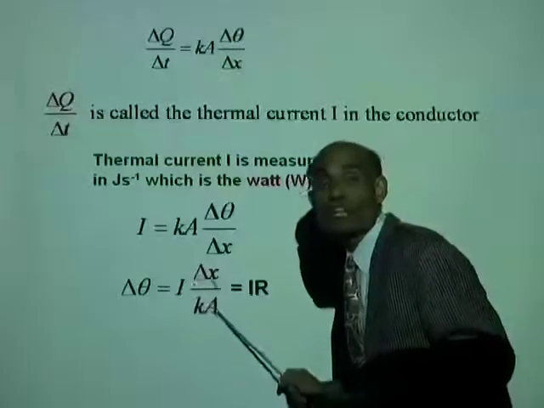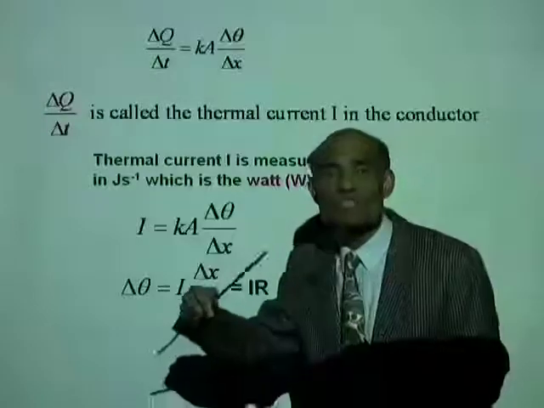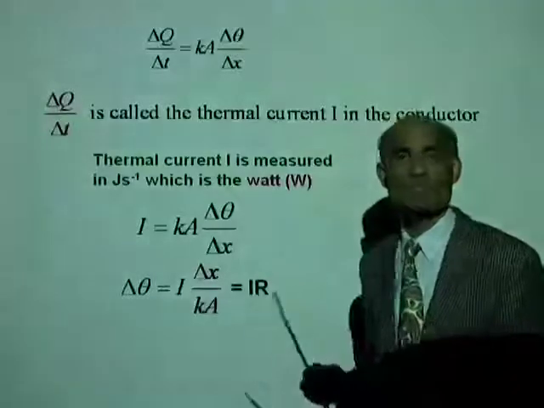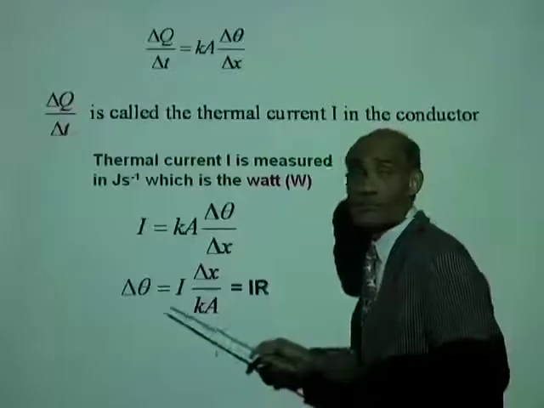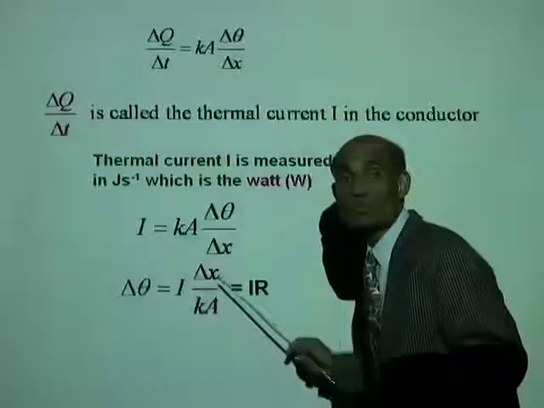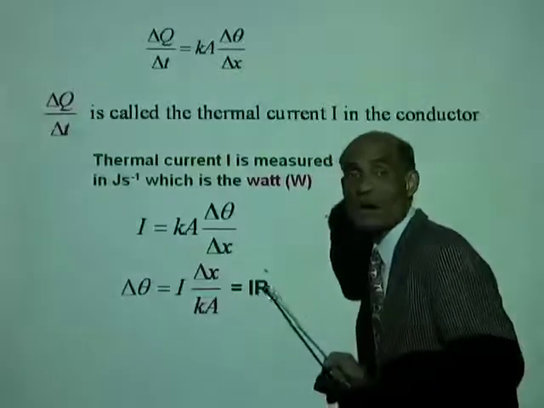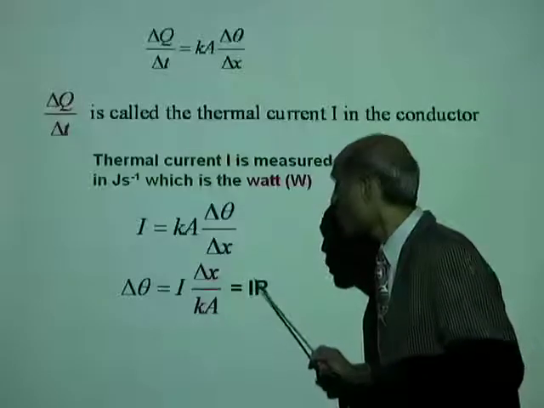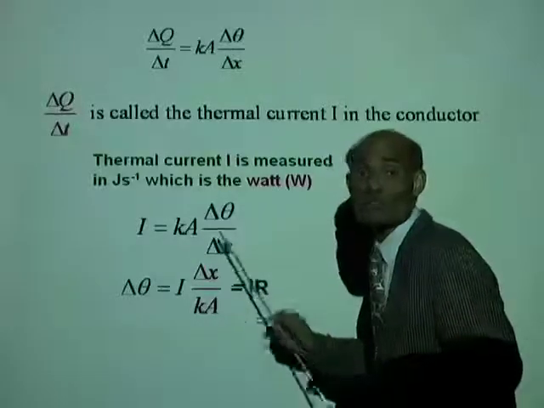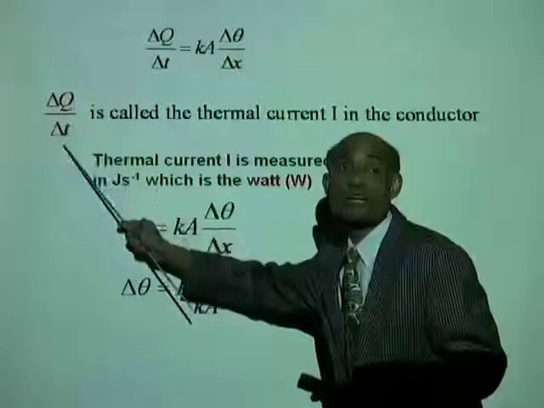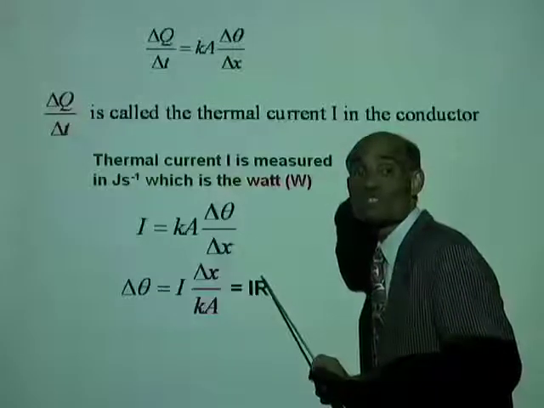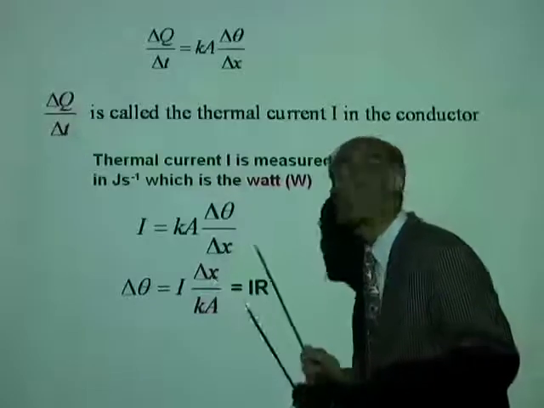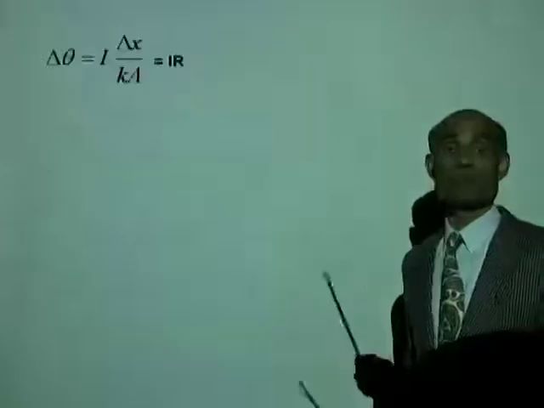This quantity is called the thermal resistance of the material, and I represented that by R. So delta theta equal to I times R, where I is called the thermal current, that is delta Q by delta T, and R is called the thermal resistance, delta X divided by Ka.